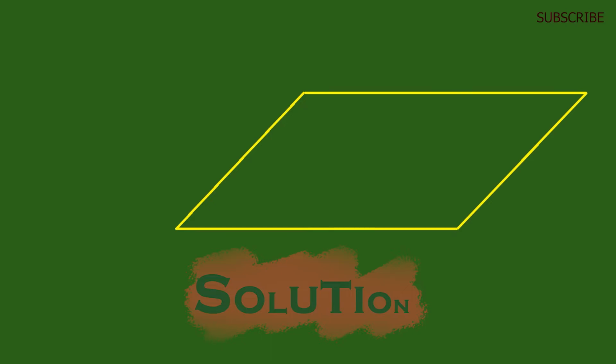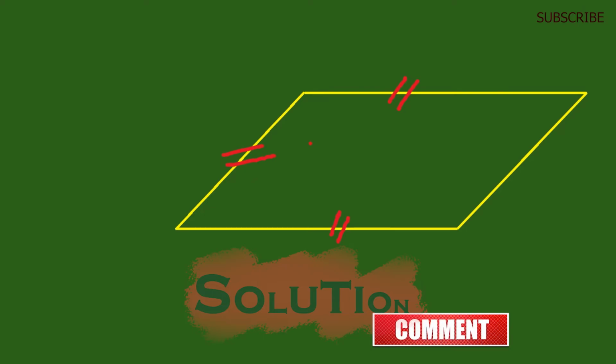This is another type of shape, and in this shape you will find that the opposite lines are the same.